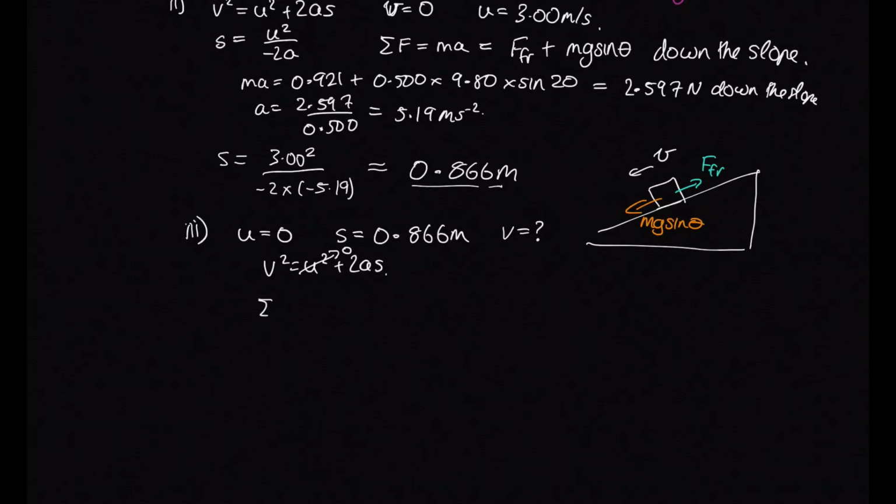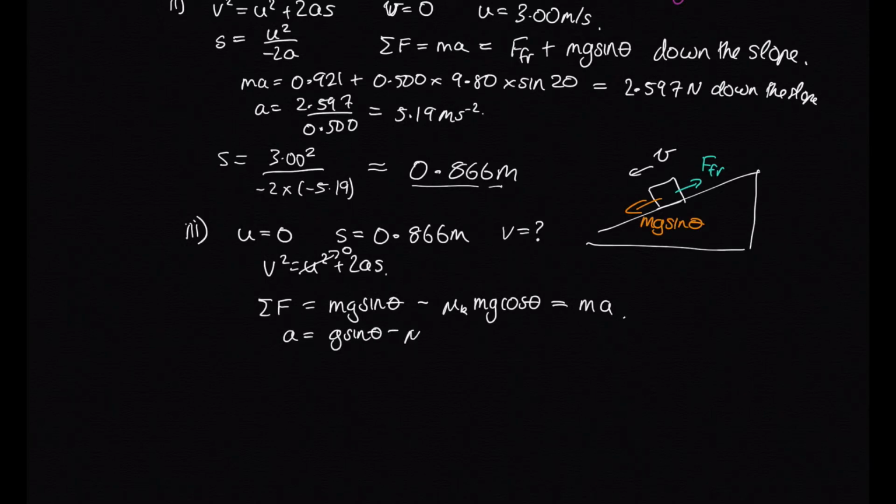So the sum of the forces, in this case, we've got the mg sine theta pulling it down, and then we've got the frictional force pulling it up. They're acting in opposite directions, so one needs to have a negative sign. The frictional force is given by mu k times mg cos theta. And from Newton's second law, this is equal to ma. So we can cancel out all our m's, and we have a is equal to g sine theta minus mu k g cos theta.